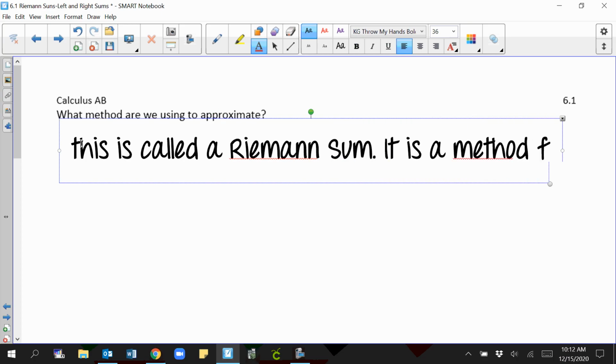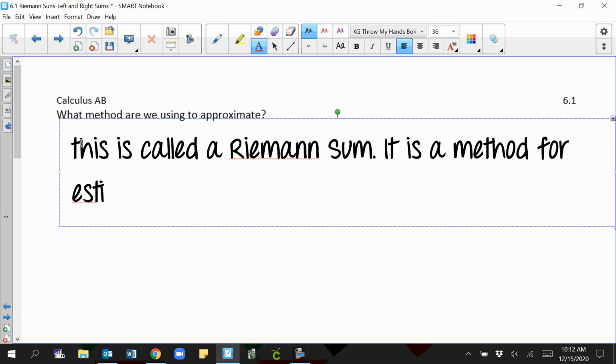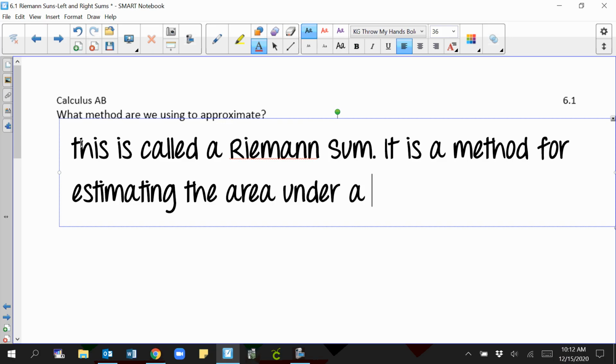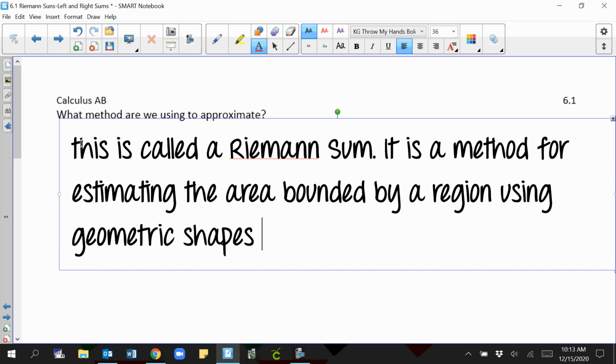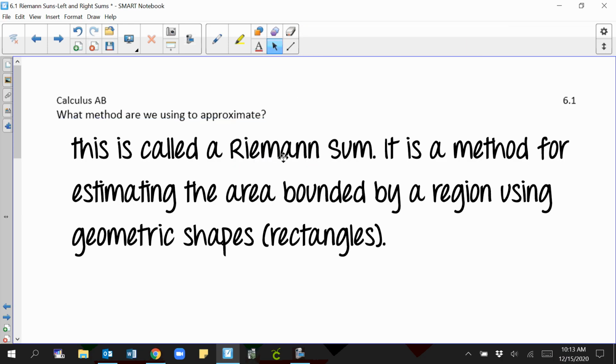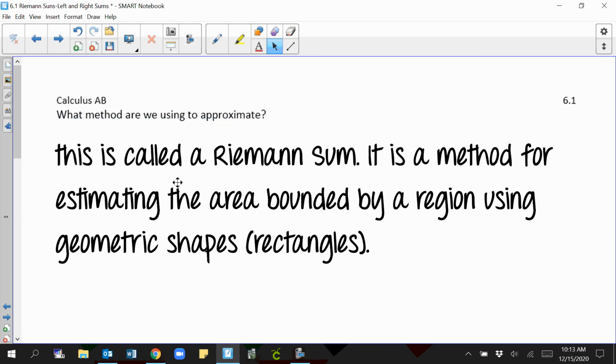It is a method for estimating the area under a curve, or let's say the area bounded by a region, using some geometric shapes, which in this case are rectangles. Like I've said multiple times, there is a reason that I am not an English teacher. So that's an explanation of what we're doing here.